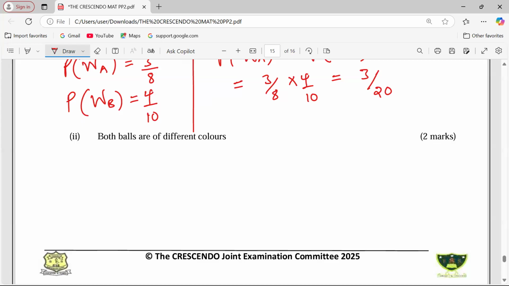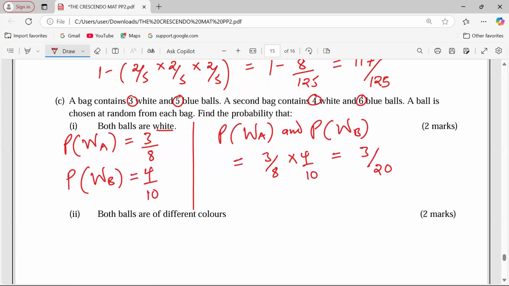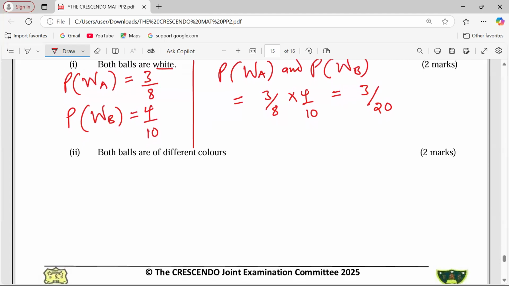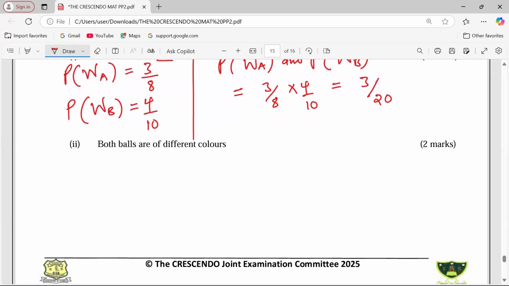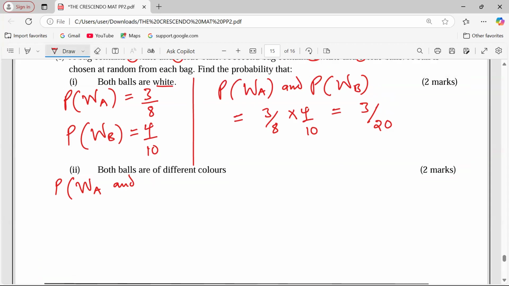Part B. Both balls are of different colors. Okay. Now when you talk about different colors, we mean we can pick from bag A, we can pick white from bag A, then we pick the other color, which is blue, sorry, apart from white, we're having a blue.